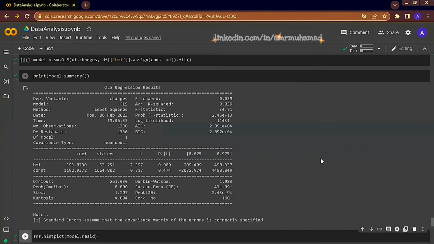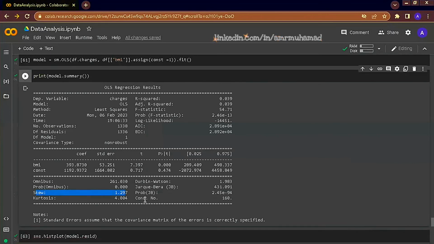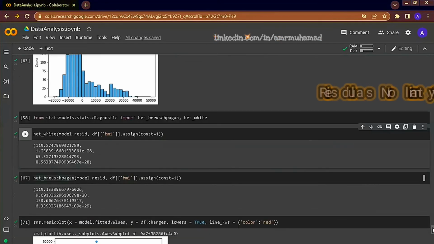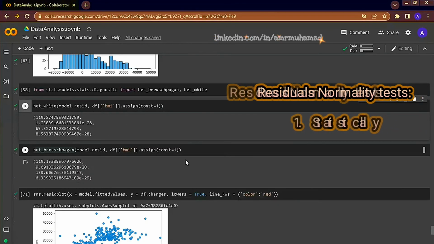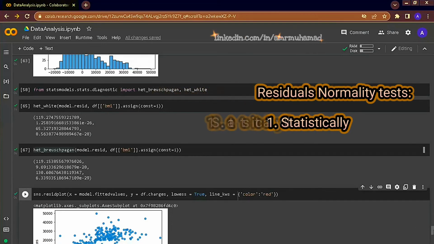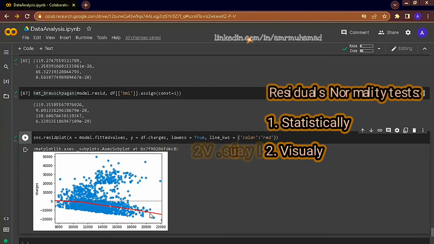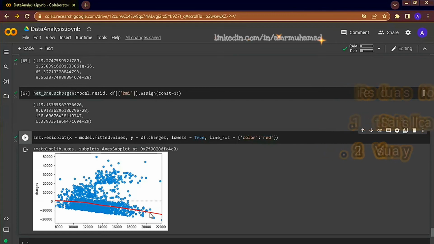We used the skew score to test whether residuals are normally distributed or not. Then we used a statistical method to assess whether homoscedasticity exists in the residuals, and we also used visual methods, different types of plots, to assess this visually.